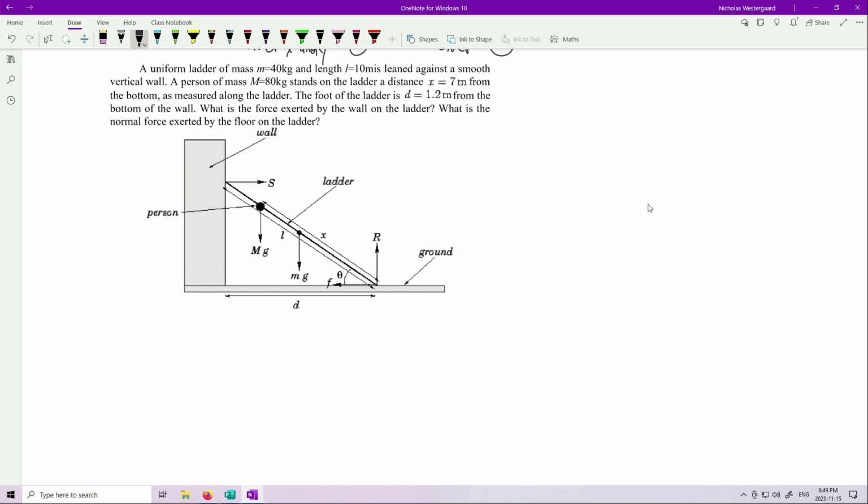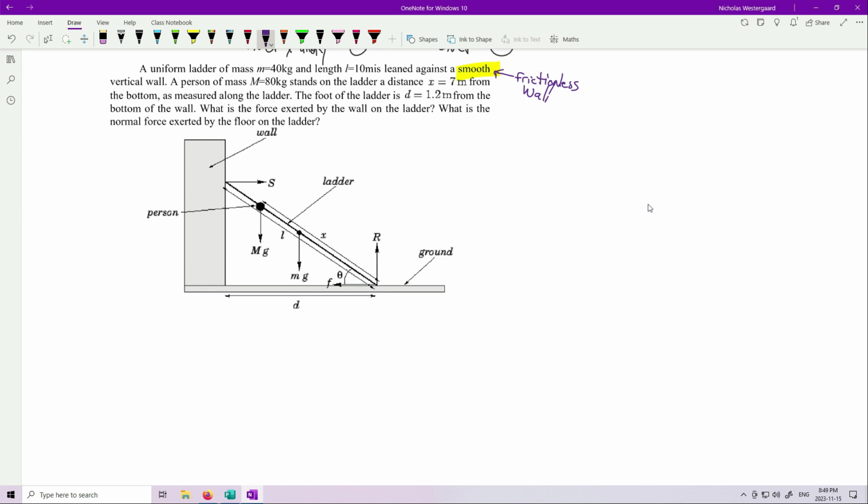When we use the word smooth, that means frictionless, so we don't have to worry about any friction on the wall. So that's nice.